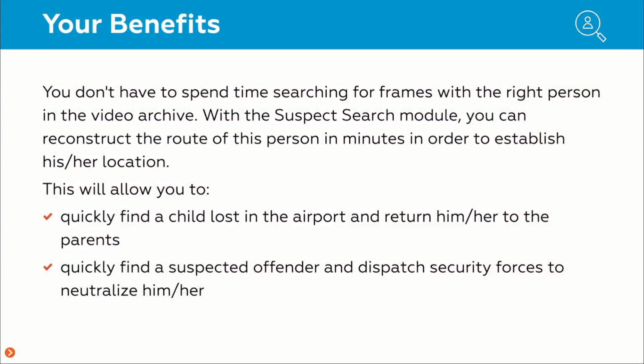And one good thing to say before we go to the benefits of Eocortex in general is that the Eocortex suspect search and suspect tracking video analytics modules are included in our ST licenses. So once you purchase an ST license for your cameras, you get this module free of charge for each camera that you purchase, meaning that you don't need to select which cameras are more likely to be used with this module or not.